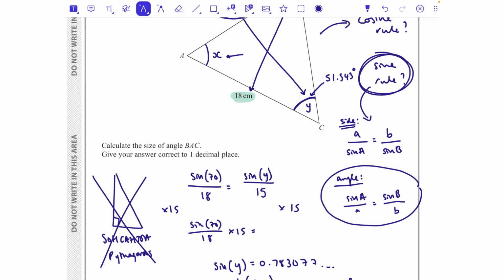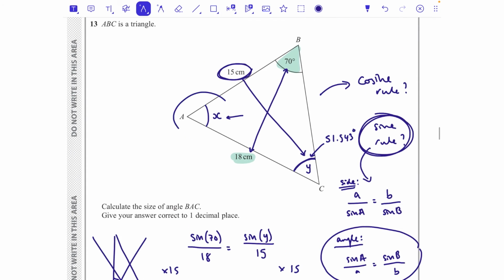And then therefore, if you want this one, we're going to add together this angle and take it away from 180.